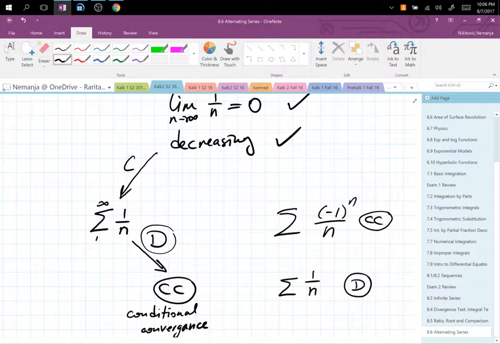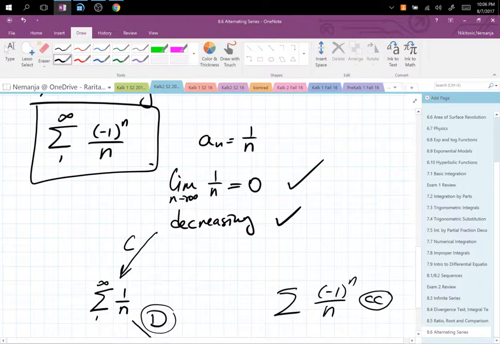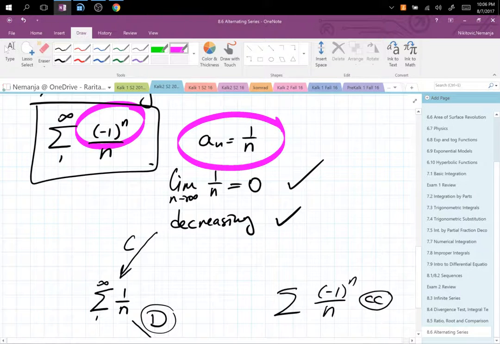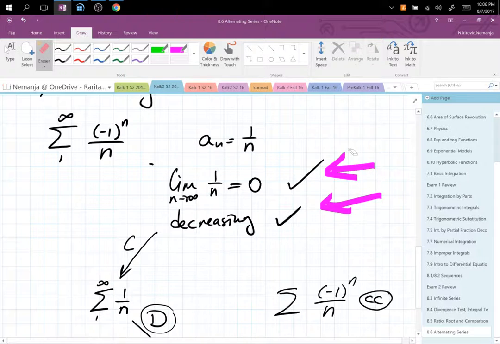So the pathway will always be like this. You get a problem. The problem contains an alternating piece. You strip away the alternating piece to just get the sequence. You test the sequence against two conditions.